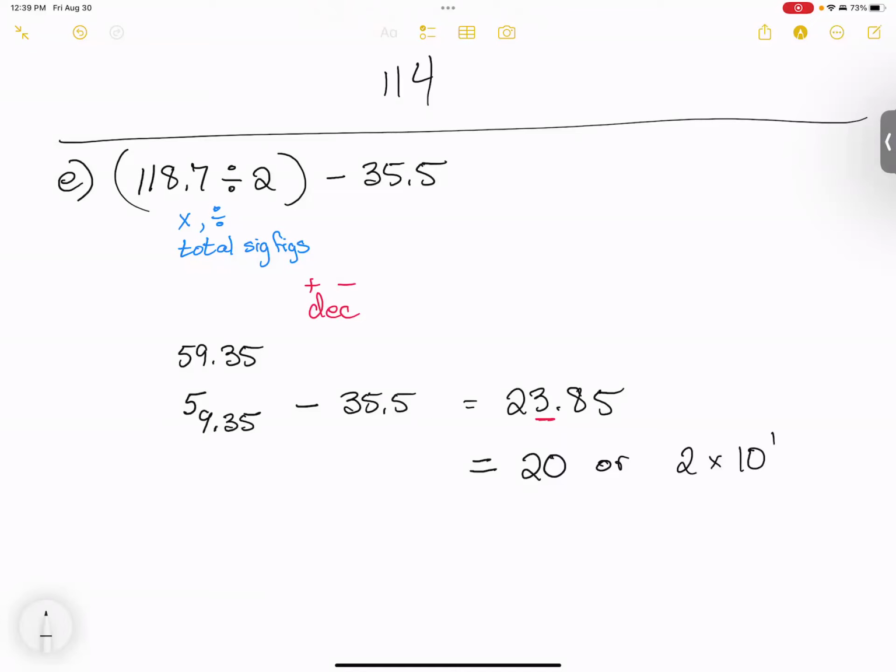Okay. I love that question. Thank you for asking it. Why would I put 20? Because there's no decimal point, so the 0 doesn't count as a significant digit. But why did I not just record it as 2?